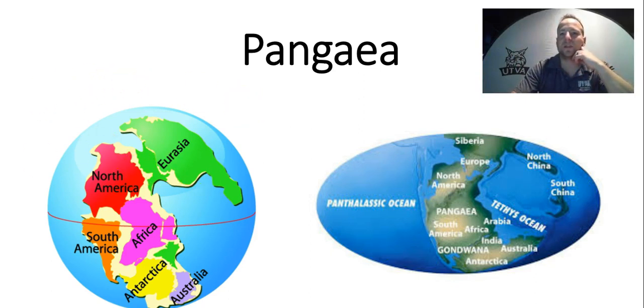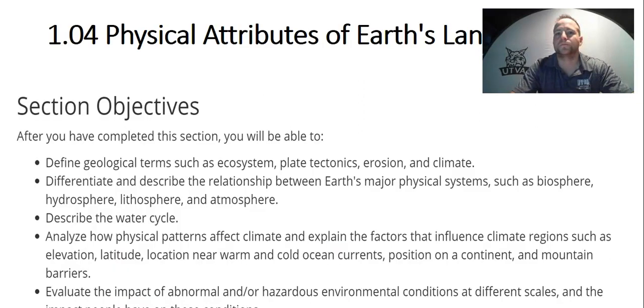Because of these continental plates, they cause a lot of movement, which also causes natural disasters, as we call them. So we have a lot of earthquakes, volcanoes, all of that stuff. Even tsunamis are caused because of the shifting of the plates. We'll talk about that more as we move along.